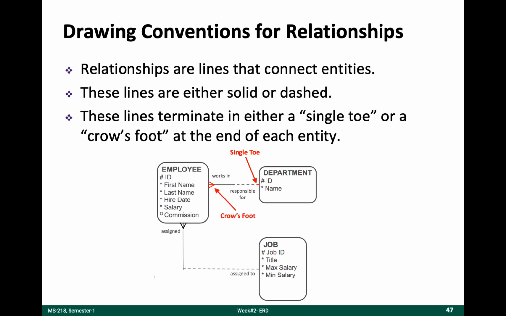Who will read this relationship between employee and job as a sentence? I can repeat the relationship between employee and department again. For example, each employee must work in, must is coming because the line is solid, which is connecting to employee. Each employee must work in one and only one department.